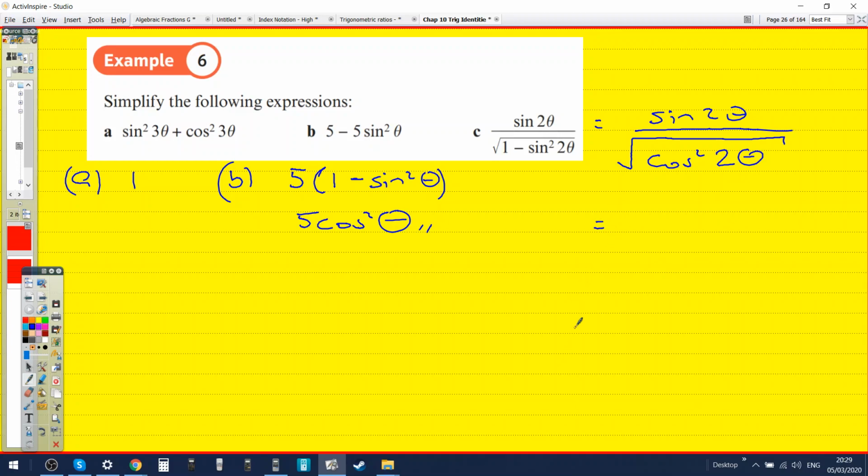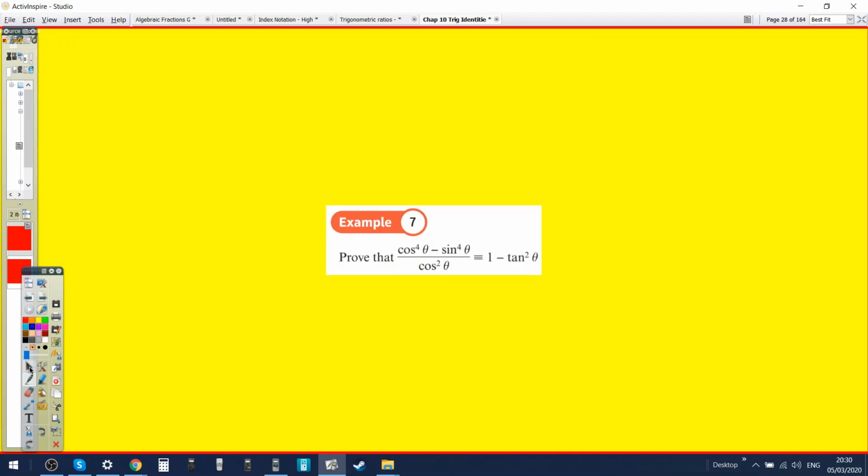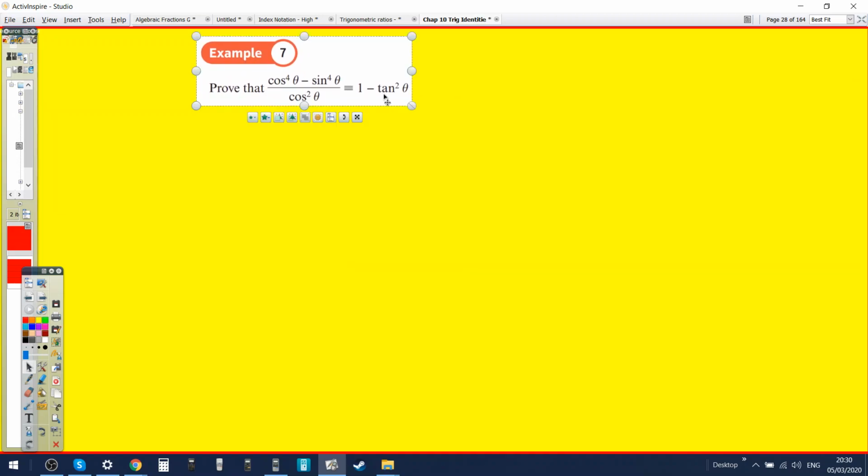And since it's all being square rooted, it would just become cos 2 theta. And then the whole thing is equal to tan 2 theta. And so you have to be able to use the trig identity of sine squared theta plus cos squared theta equals 1. How about this?